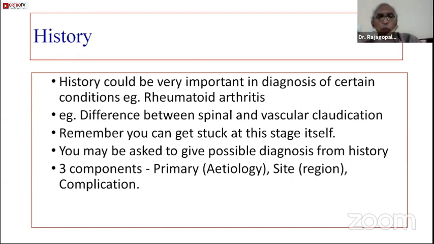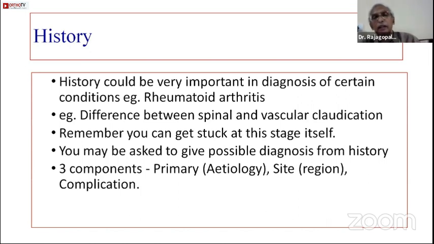I just want to give you one more point before I go to examination. When I take a history, I always think of three components, which may not be applicable in every case. But if you take an example of tuberculosis of the spine with a paraparesis or paraplegia, I will take history suggestive of the primary tuberculosis. What are the points in the history in favor of tuberculosis?